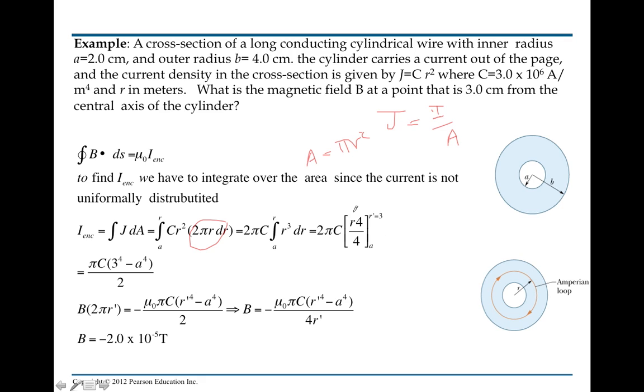If I integrate that, I get my I enclosed, and then B to R, in this case R is the Amperian loop, and you can calculate that. You can do the rest of the math. The trick is actually in finding what J is, and what A and dA are.